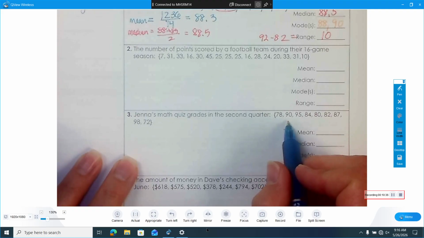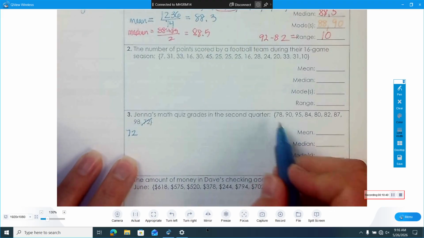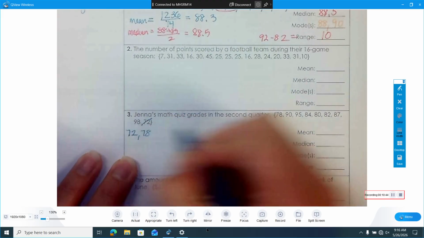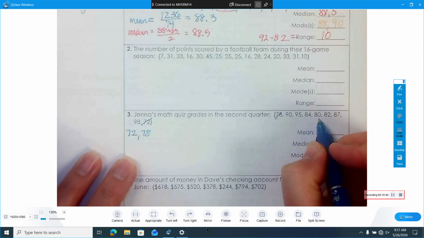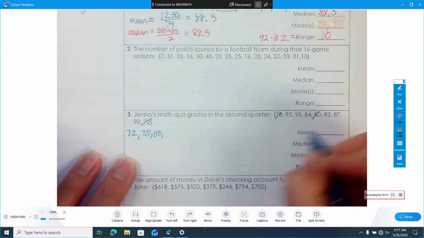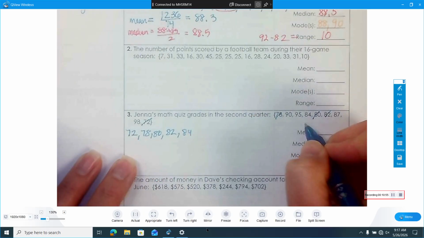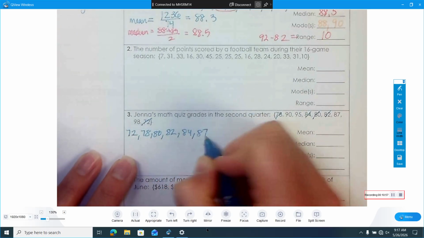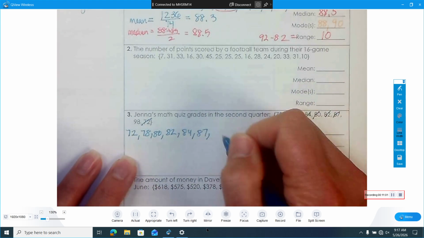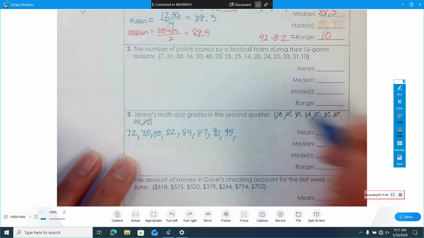It looks like 72 is going to start us off, and then I have 78, and then 80, and 82, and 84, 87, and 90. And 95. And 98.